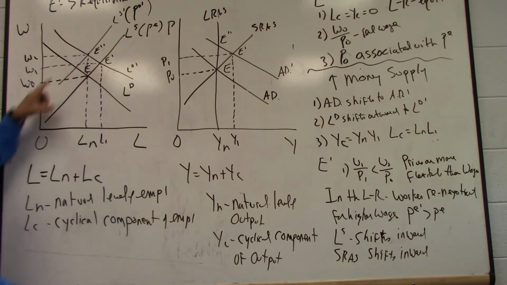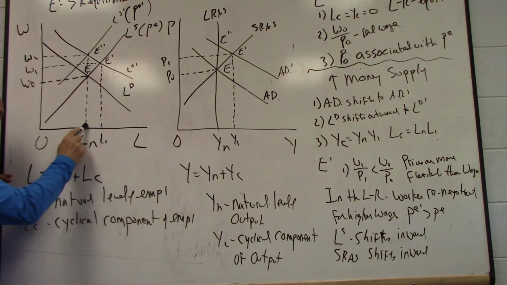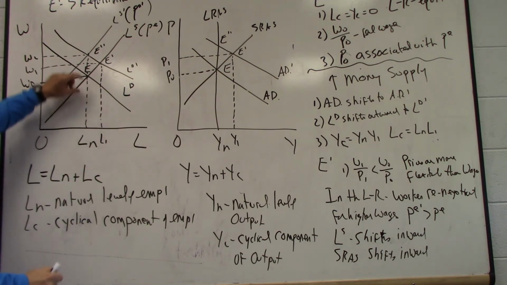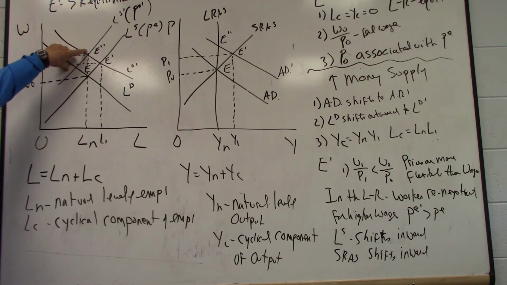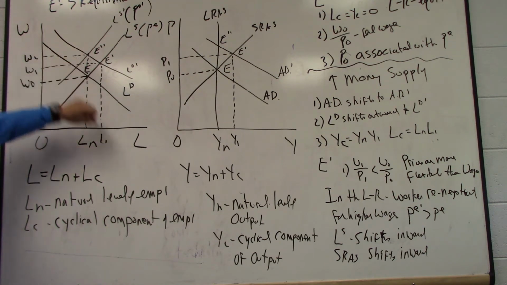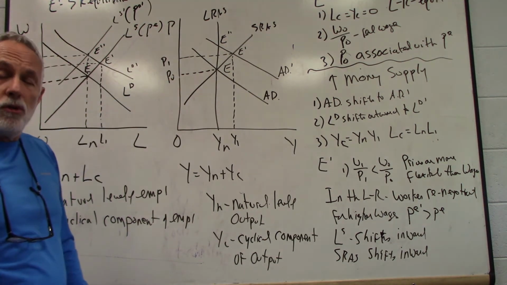the wage rate rises to W2, and some workers get laid off. Okay? As wages start to rise, the cost of production for firms starts to rise.